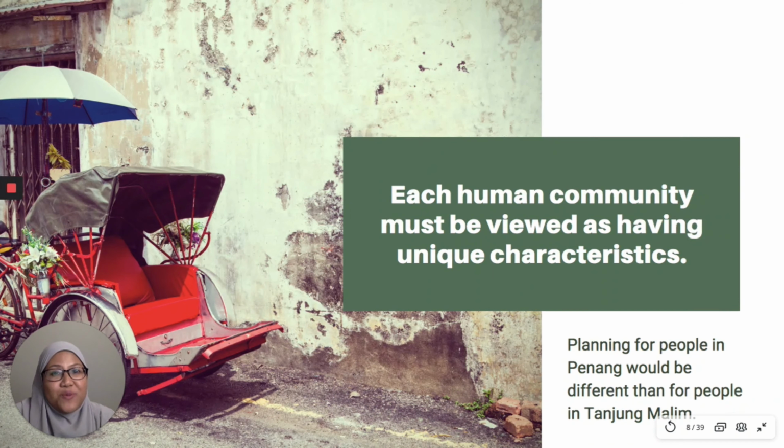And that's not yet to mention the different needs by age groups, which we'll talk about a bit later. So, for example, planning for people in Penang would be quite different from planning for people in Tanjung Malim because of the different ethnic and race distribution, different types of occupations, and different ways people live, and even their lifestyle and culture.